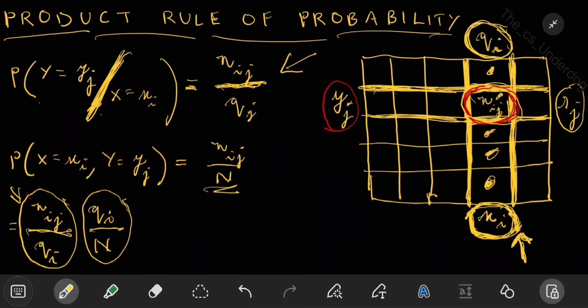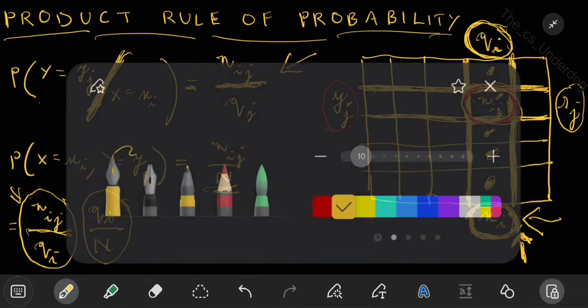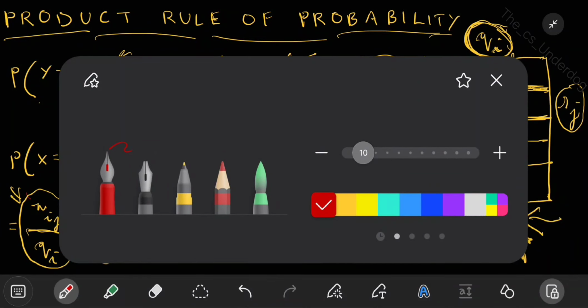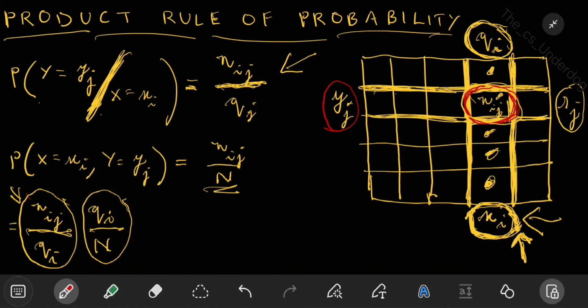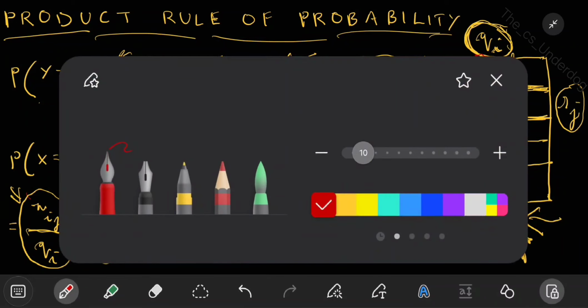Qi by n, you know, is the total probability of x equal to xi happening, because this whole column has x equal to xi and the total number is qi. And what is the total number of trials? N. So by that logic, qi by n is the total number of occurrences in which x equal to xi divided by the total number of trials, which is the probability of x taking the value xi.